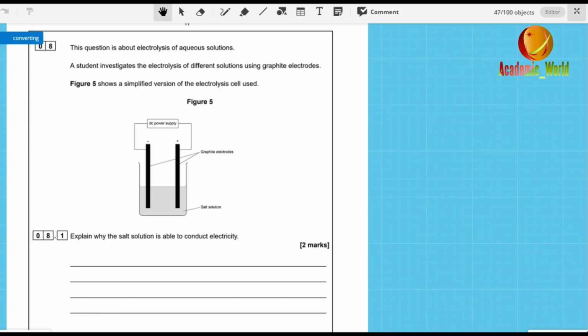So here is again an electrolysis question. A student investigates the electrolysis of different solutions using graphite electrodes. Explain why the salt solution is able to conduct electricity. So you know that the salt solution is able to conduct electricity because the dissolved ions are free to move through the solution.